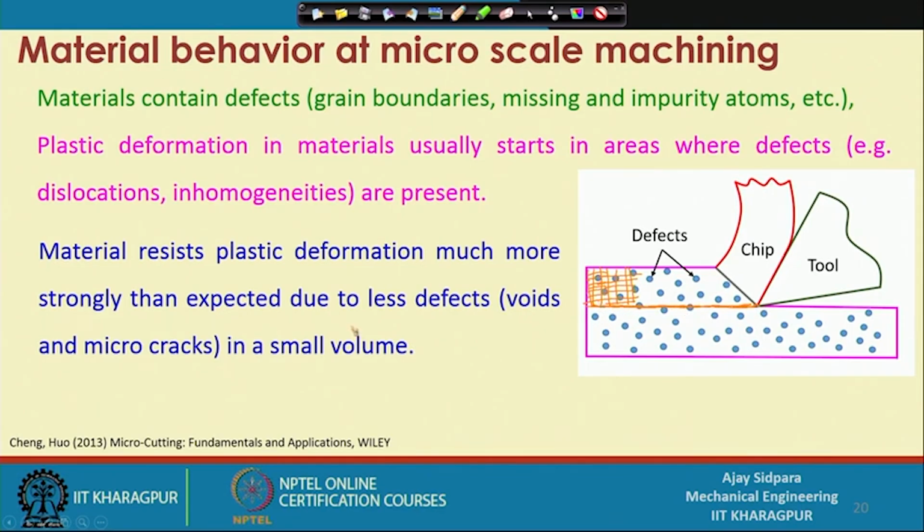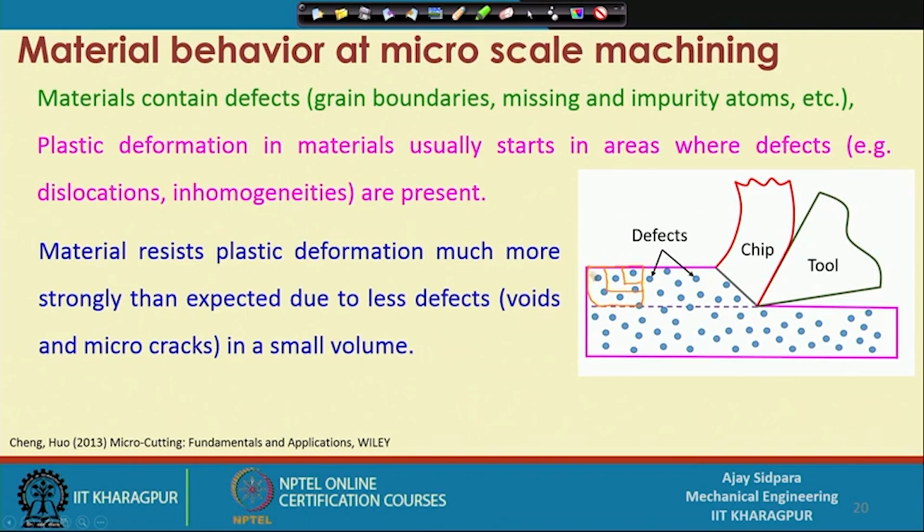But now if you reduce the scale of the machining, what is happening here? Let me clear this part first. Now, this is the deformation zone. Suppose this is the uncut chip thickness. Now, you are reducing from here to here, and then from here to here.